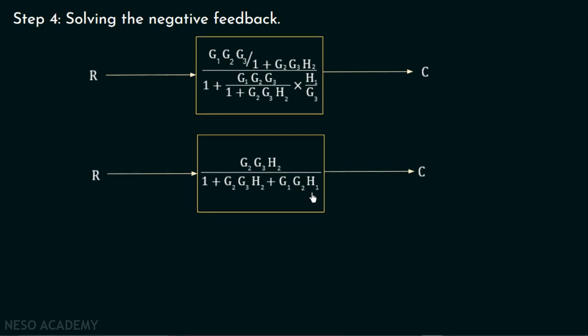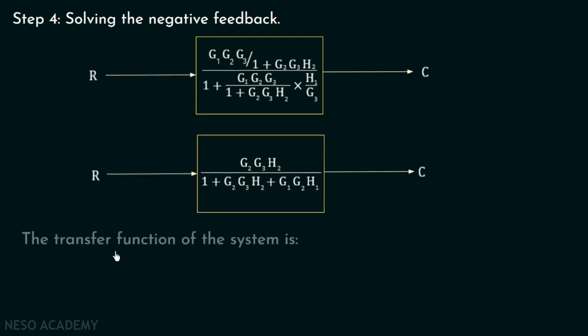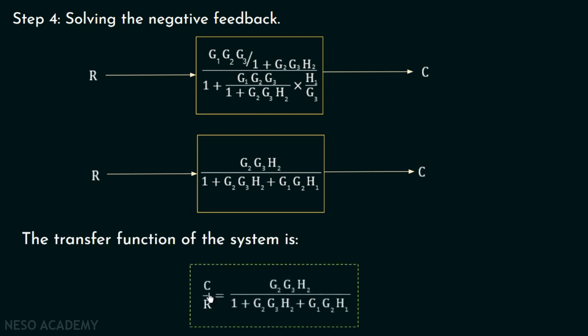I hope you got this. So now the overall transfer function of the system is C over R equal to G1 G2 G3 over 1 plus G2 G3 H2 plus G1 G2 H1. This is the answer to the problem, and we have calculated this by the use of block diagram reduction rules.